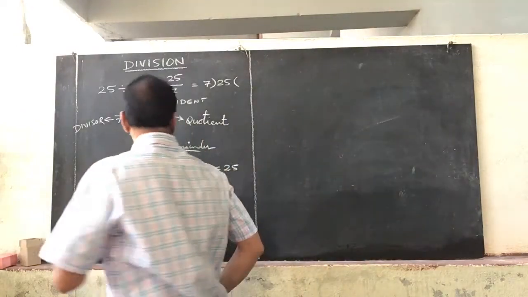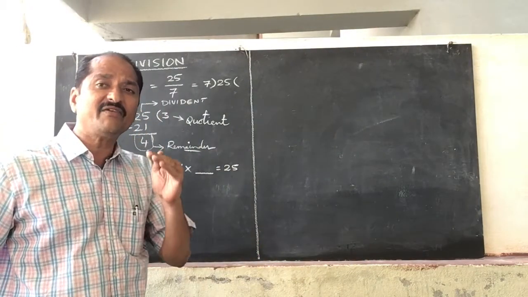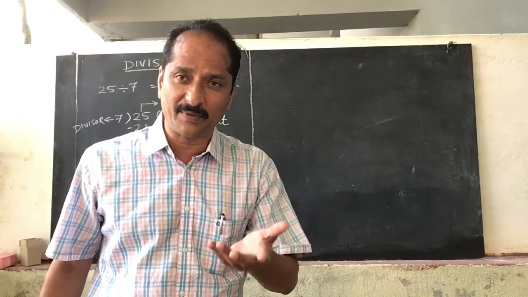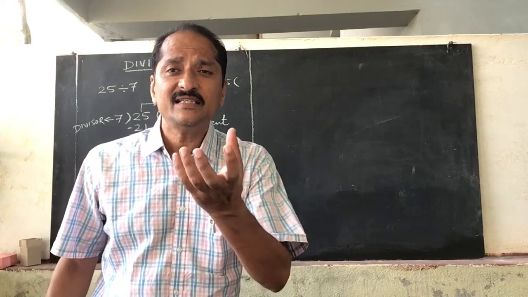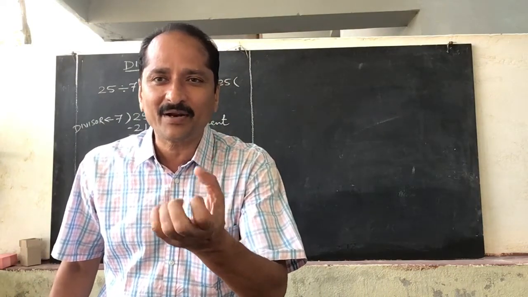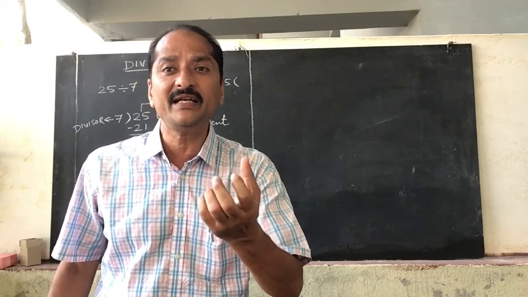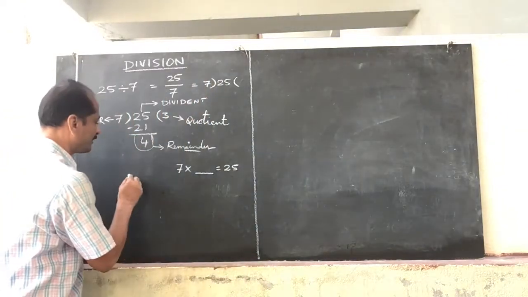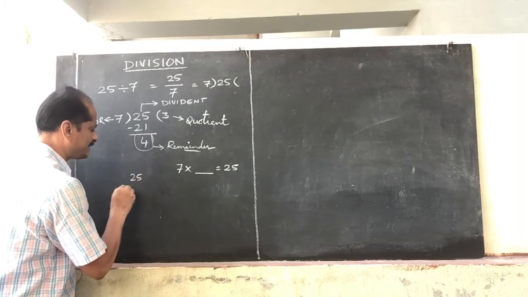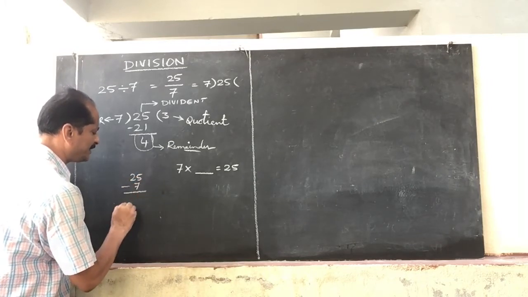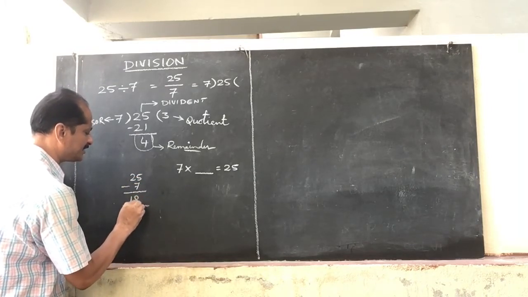Now check how we say this is the inverse process of multiplication, and this is repeated subtraction. How can you say this is repeated subtraction? See here, from 25 take out one 7, then 18 is left over. This is the first step.